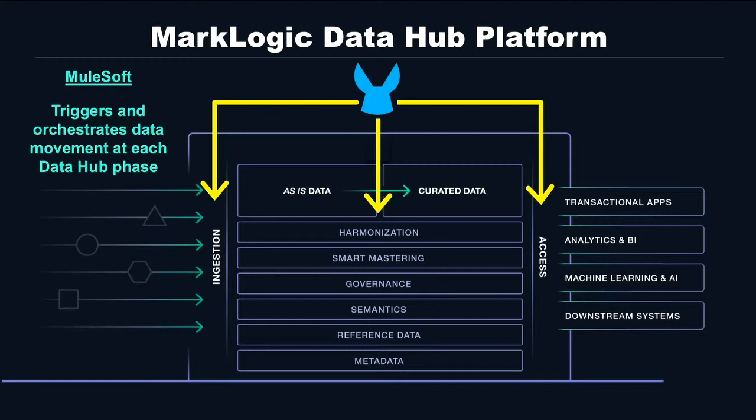Obviously, if you can automate something, let's automate it. Traditionally, when we're working with the Data Hub Framework, we might be using very manual processes. And we're seeing that MuleSoft is a great way to help automate getting data in, triggering that harmonization, very importantly, and then getting the data out.